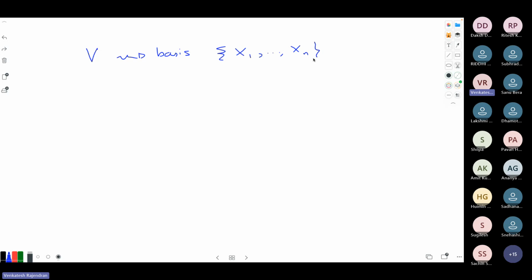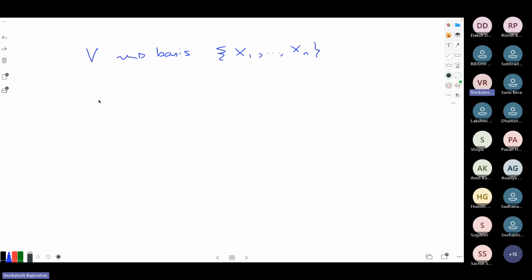But what if you allow all of them to commute? Take this free non-commutative algebra, and take the two-sided ideal generated by xi xj minus xj xi. That will do the job.